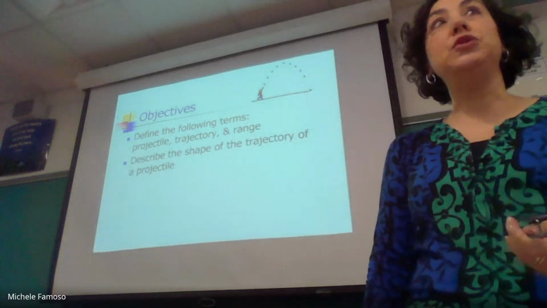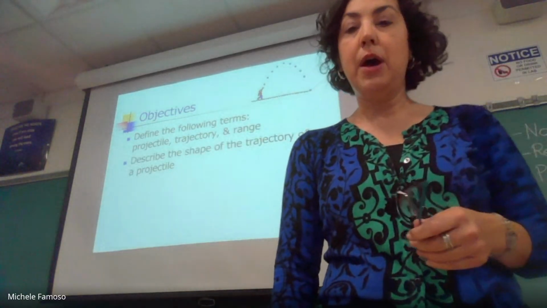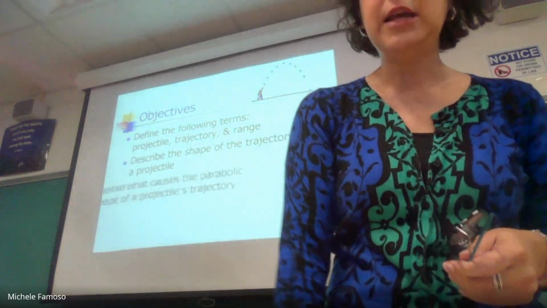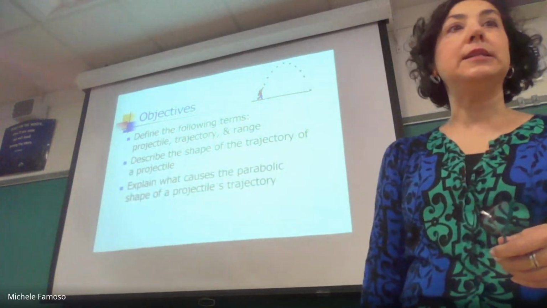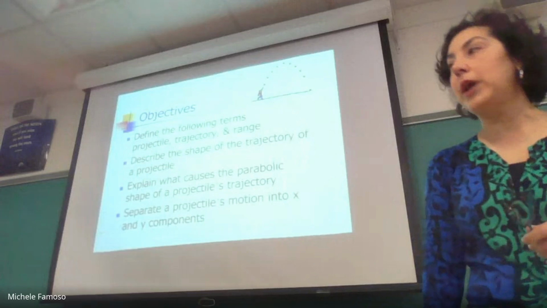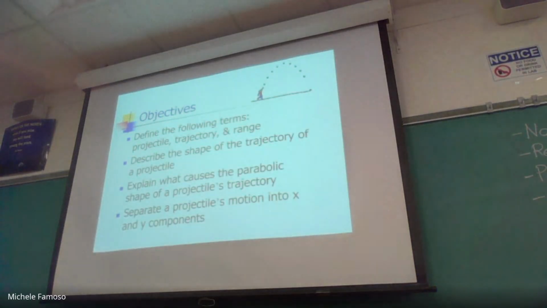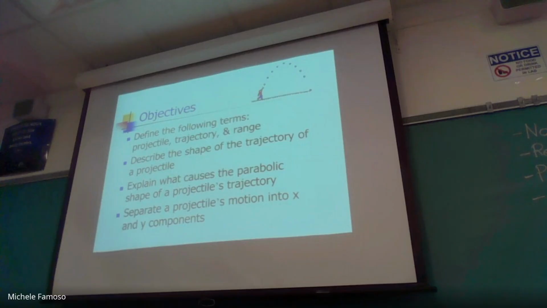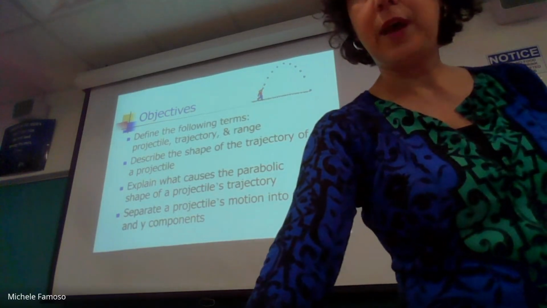You'll need to be able to describe the shape of the trajectory of a projectile and explain what causes that particular shape, which happens to be a parabola, and then break down the components of the projectile's motion into horizontal and vertical, or X and Y components. So there's a little bit of trig involved with that.